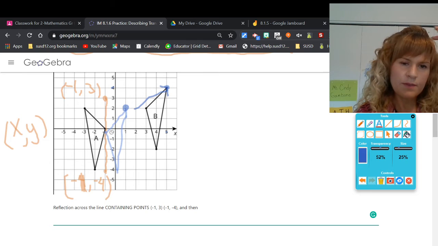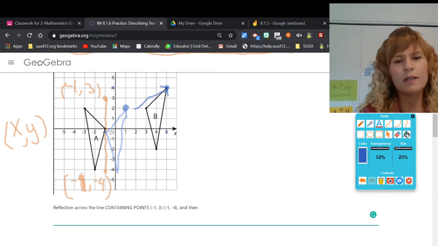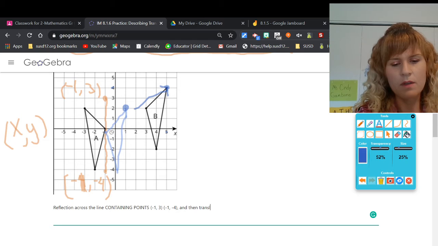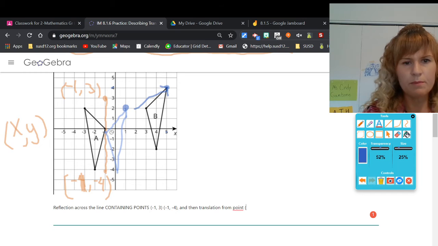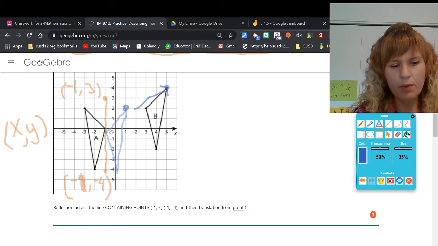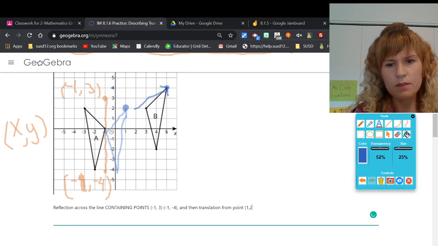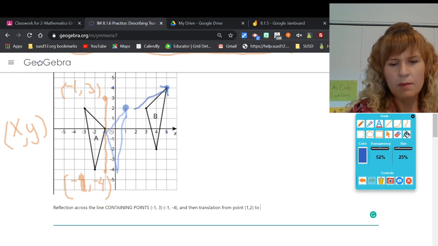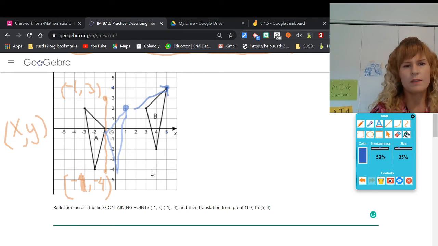So you can use a different sequence than me, but think about it and make sure it works. When you describe a translation, you have to tell the beginning point and the ending point. So my beginning point is 1, 2, and my ending point is 5, 4. X coordinate 5, Y coordinate 4. Okay, there's my answer.